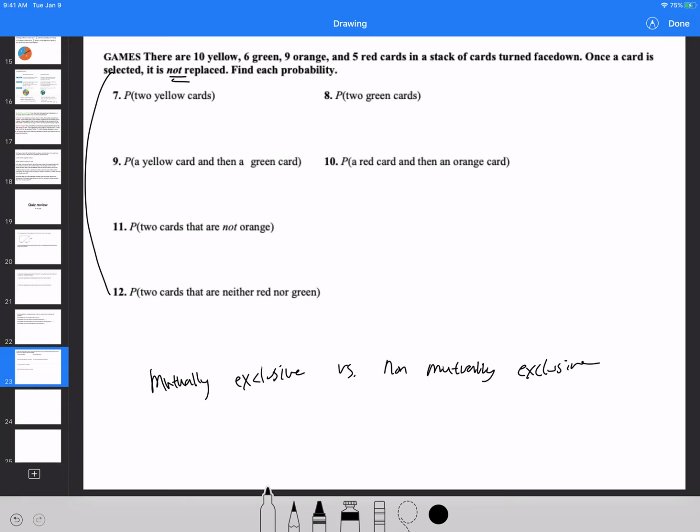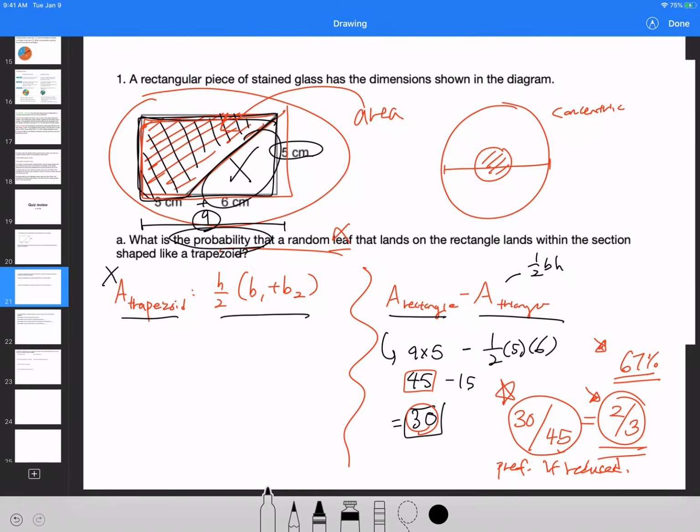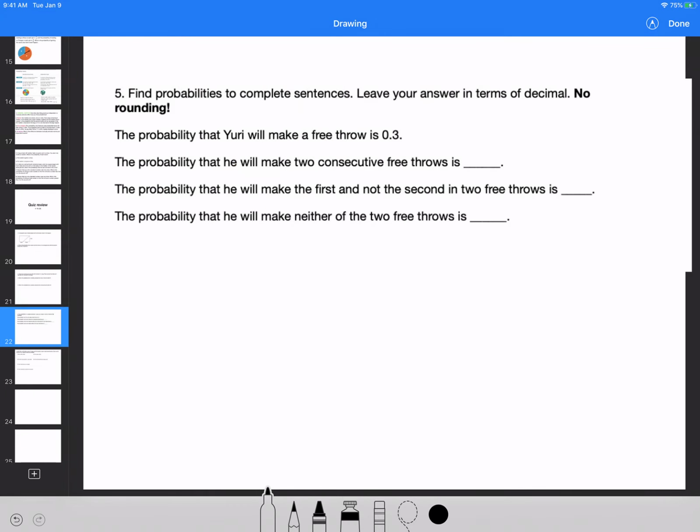If it's not replaced, it means you pick one card and then for the second one, you don't replace it, so your denominator should change. Okay, so I'll help you with number 7, but before that, let me just do this first. Remember, these 3 questions, 1, 2, and 5, I would really like you to work on these questions and make sure you understand how to do them.